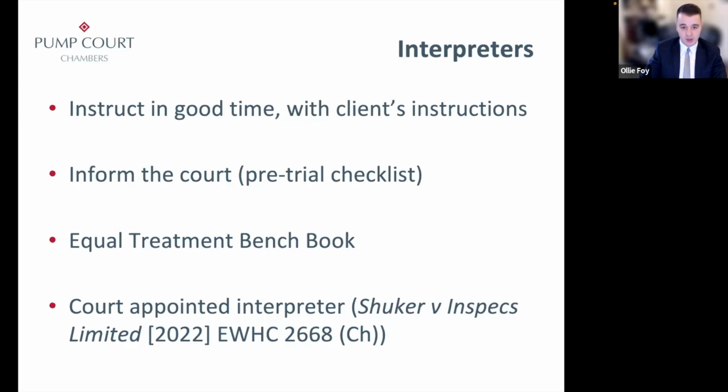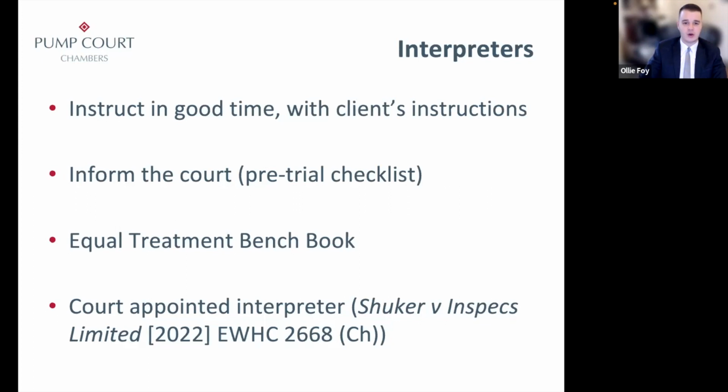But it should nevertheless be borne in mind that an interpreter is not a divine right. In Shuka, the case I've cited there, a litigant in person's application for an interpreter was dismissed. The litigant in that case had a sufficient command of both written and spoken English, and an instruction of an interpreter was disproportionate.